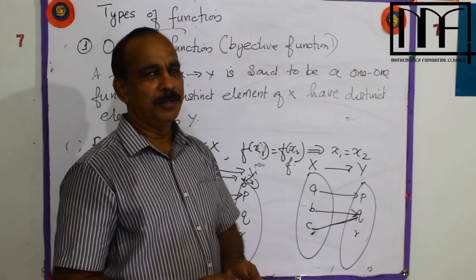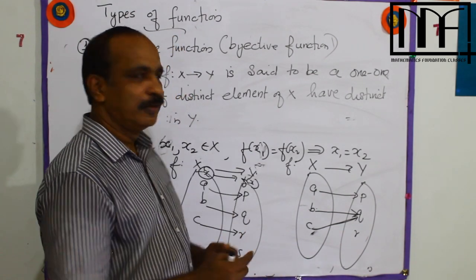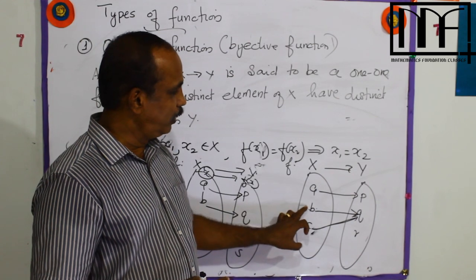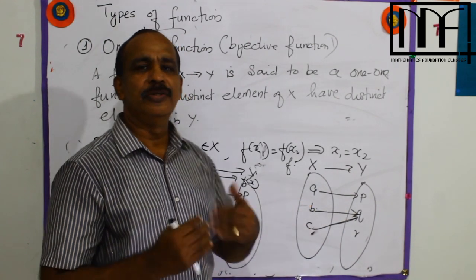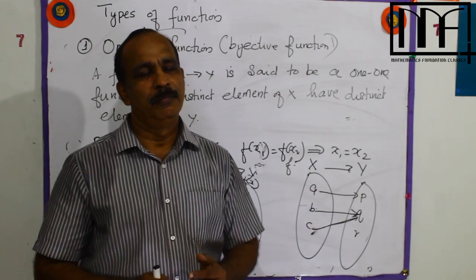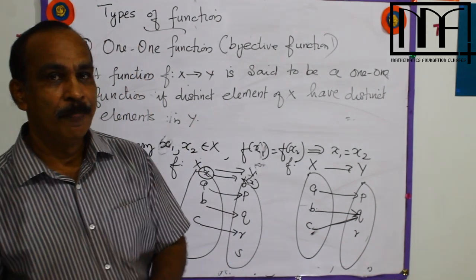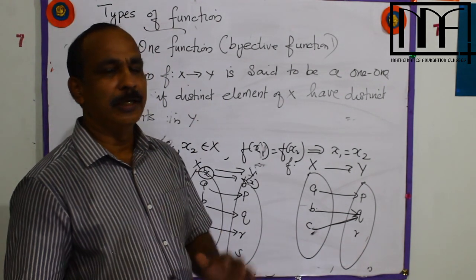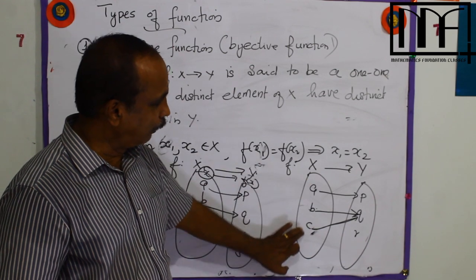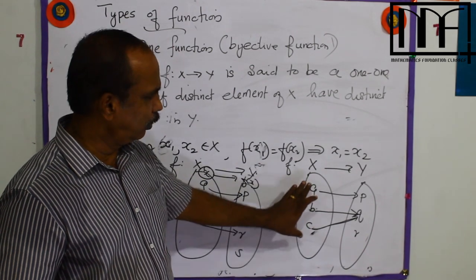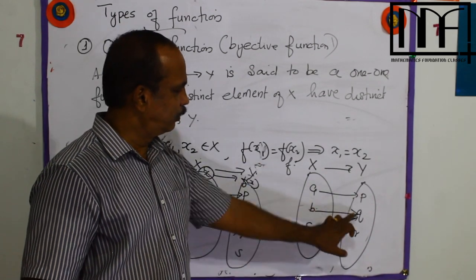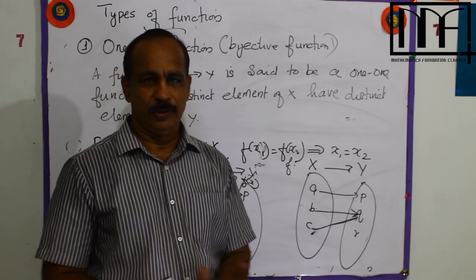Sometimes we may be confused here because the elements B and C both have the same image. Is it possible? As per the definition, all the elements in A should have an image. Yes, A has an image, B has an image, C has an image. Condition one is okay.